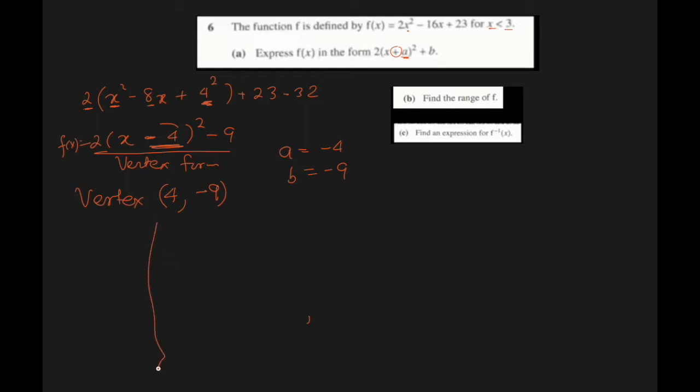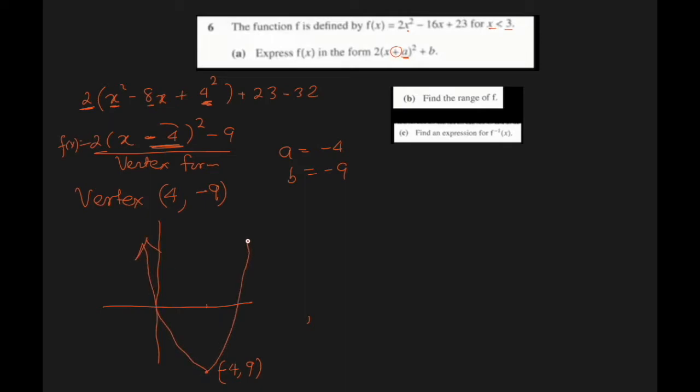So let me draw it better way. Okay, positive 4 is here, negative 9 is here. This is the vertex, 4, negative 9. Now, the 2, which is the leading coefficient, is positive. That means it will open up.